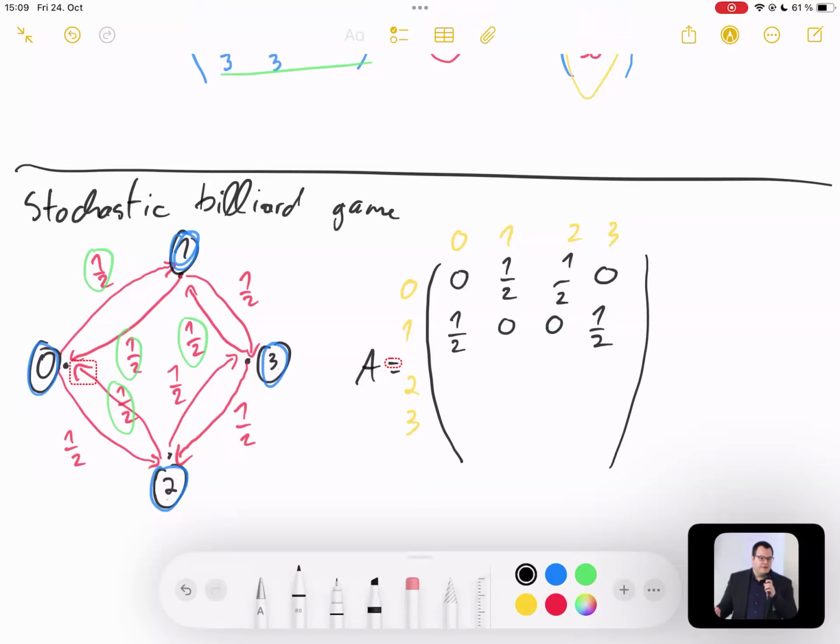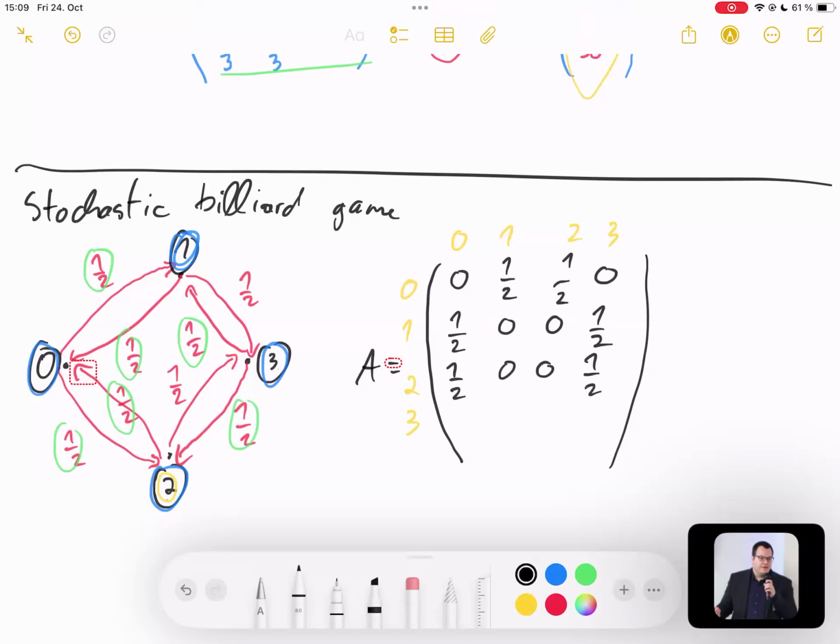So the next entry for 2, which is this one here, 2 has incoming ones from 0 and from 3, which is again a half and a half, and then the others are 0.